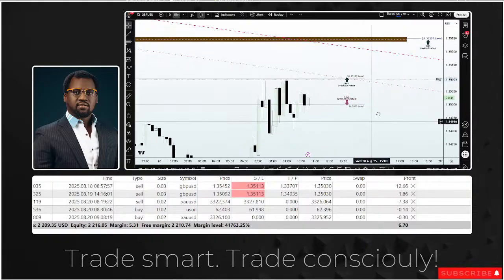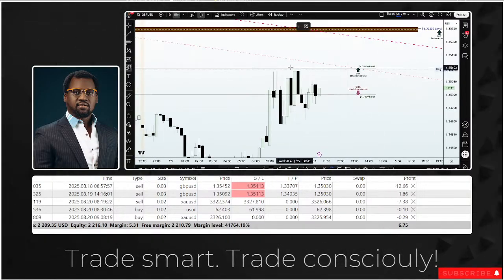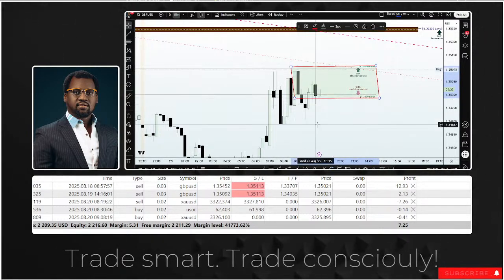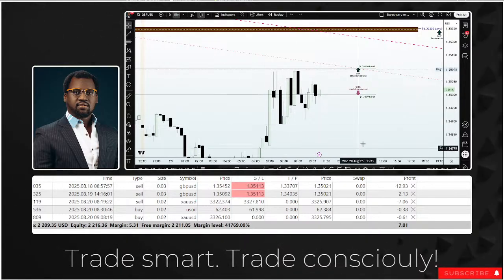Our center of focus today is between the 1.351 and the 1.3500 area, where the direction the breakout happens will give us a clue to what direction price action will be taking today. So that is my simple view on the GBPUSD, and I wish us all the best of luck on that one.